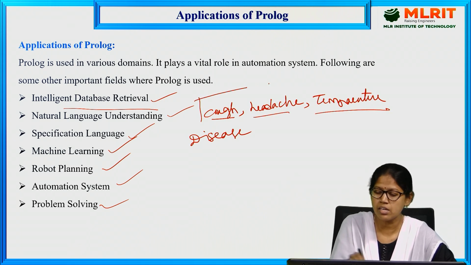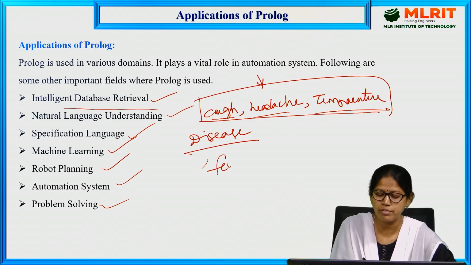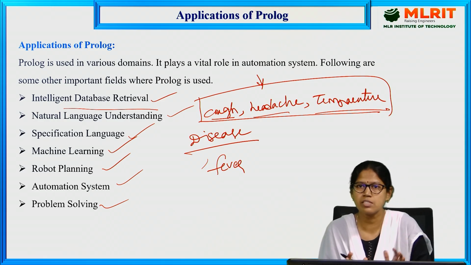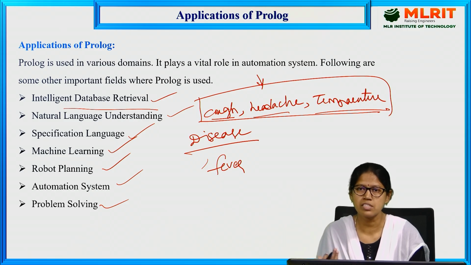Then it will search in the database for what kind of disease it is, and give the disease name as fever. So intelligent database retrieval stores the symptoms in the database, and based upon the symptoms, it gives the disease. Fever is the disease name.